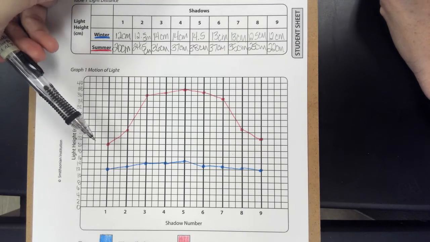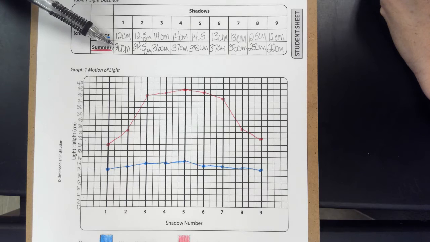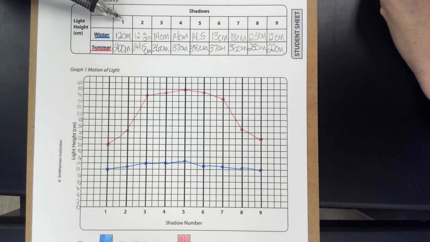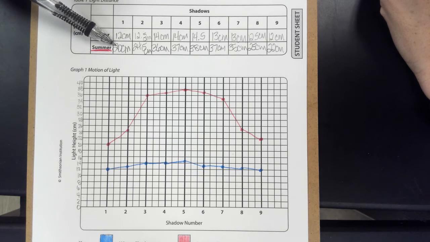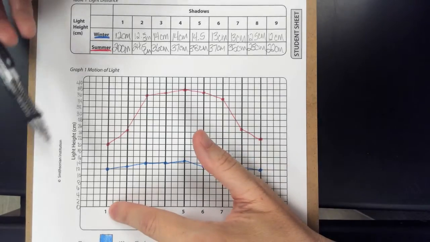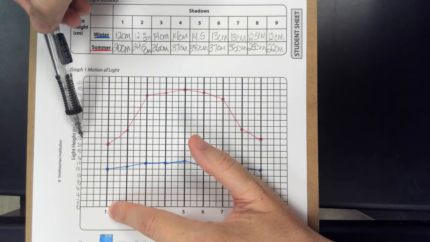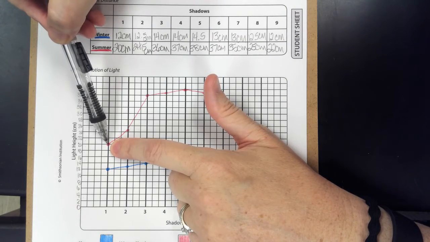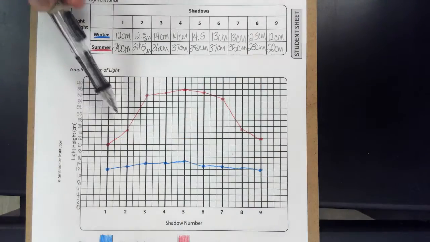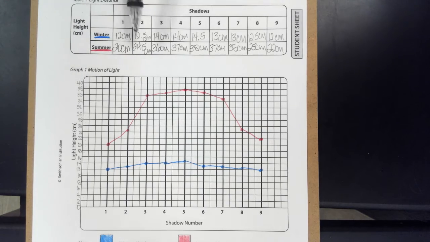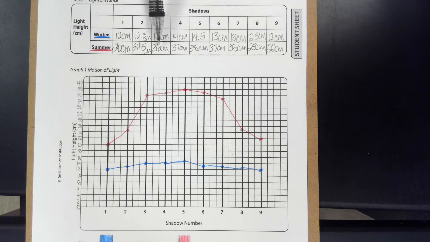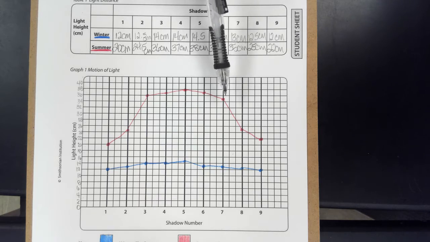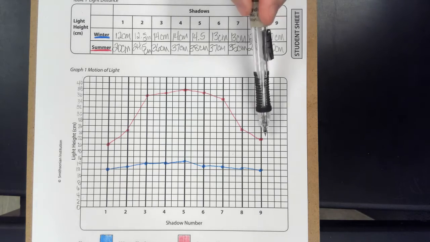If we look at our summertime values up here on the data table, shadow 1 was 20 centimeters. So I find shadow 1 and 20 centimeters, and I find where they meet, and I put a dot there. And I continue doing this with the other data: 24.5, 36, 37, 38, 37, 35, 25, 22.